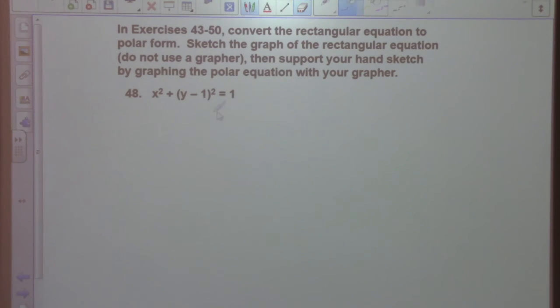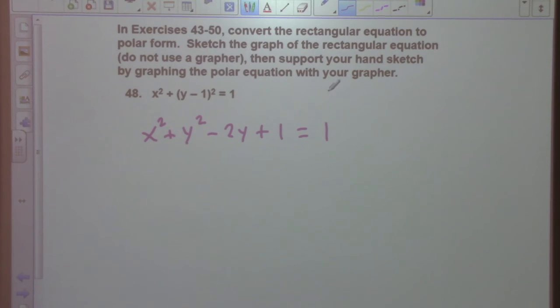And when you expanded that, what did you get for that? You should get x squared plus y squared plus 1. Okay, you should also get minus 2y in addition to the plus 1. Where does the minus 2y come from?